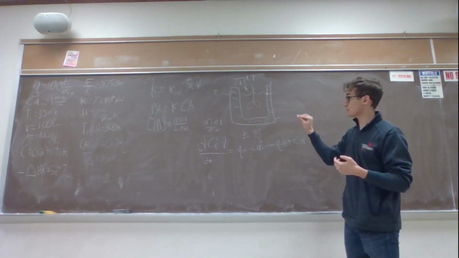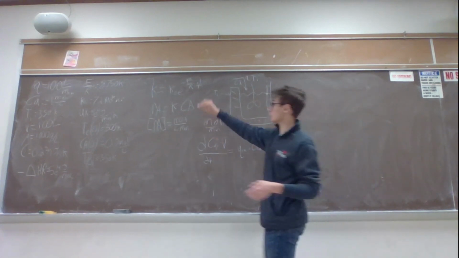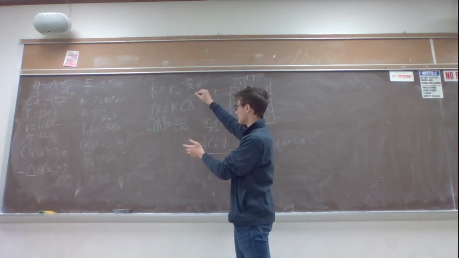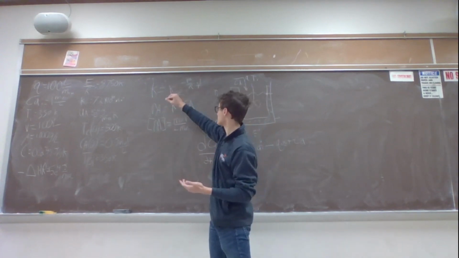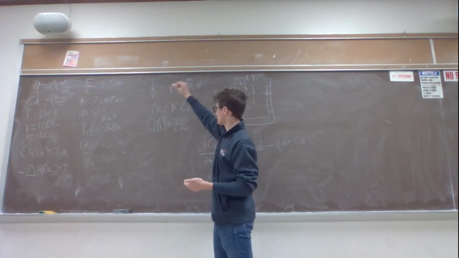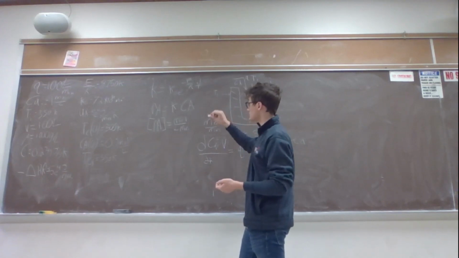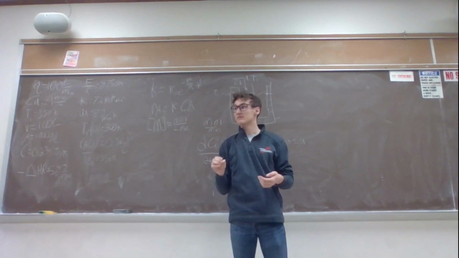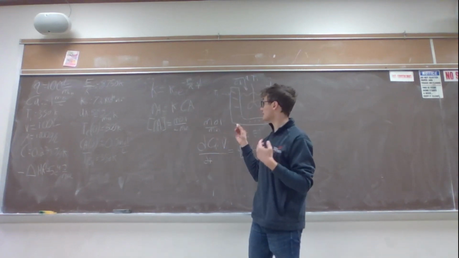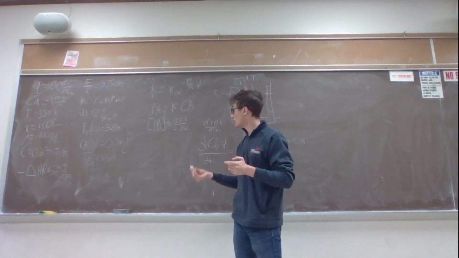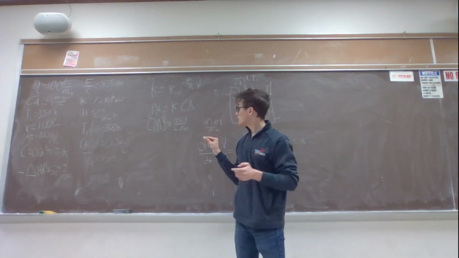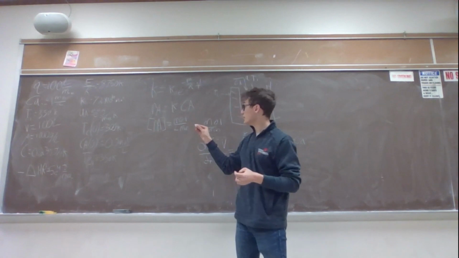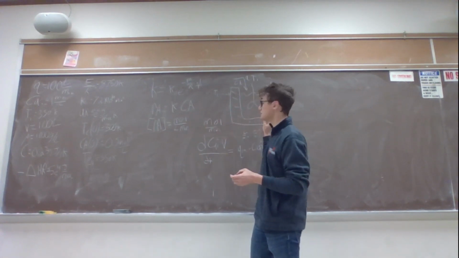Before I get ahead of myself, let me get back to the equations I have written right here. It's hard to tell on the screen. We have K equals K naught times e to the power of negative E over R times 1 over T. This calculates K. And K multiplied by the concentration of A gives us the rate at which A is being consumed.